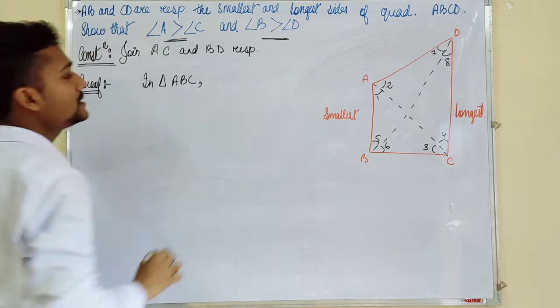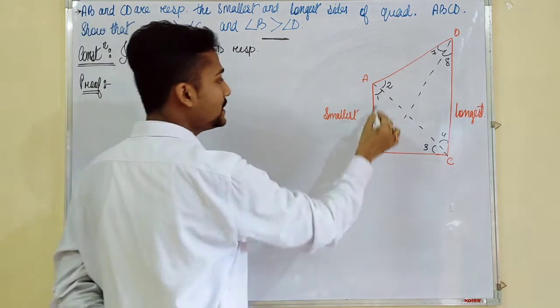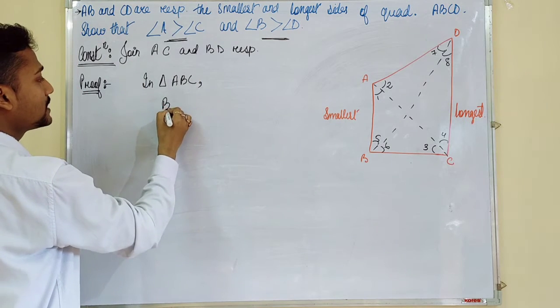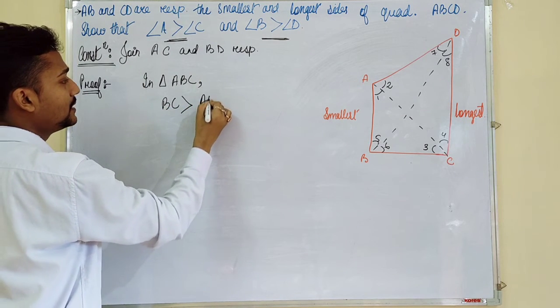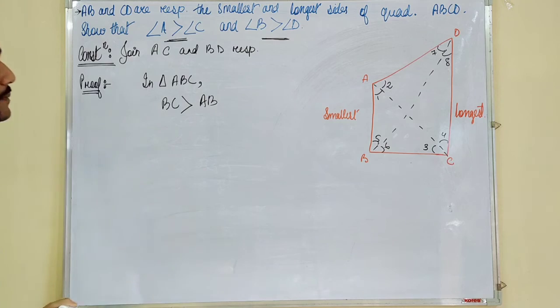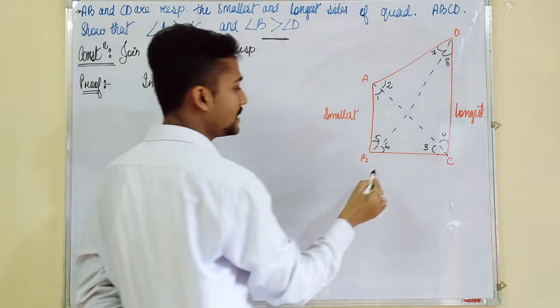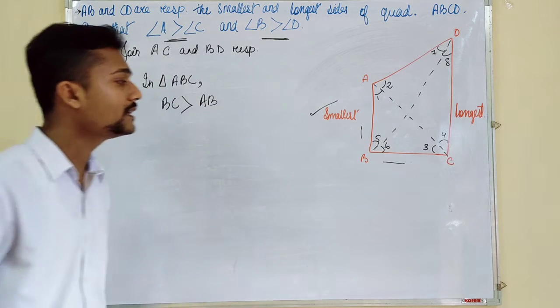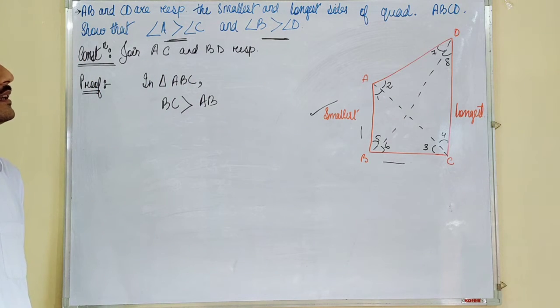Greater. So we will be using the greater than symbol. In this particular triangle, this and this we will compare. BC will be greater than AB. Yes or no? This is greater than this. Yes, this is the smallest, so automatically BC will be greater than AB.